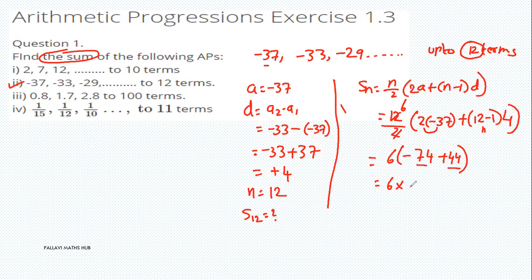Which one is greater? Minus is greater. 74 minus 44 is 30, which is equal to minus 6 threes are 18, 0. So the value of S12, the sum of the 12 terms, is minus 180. So this is the answer.